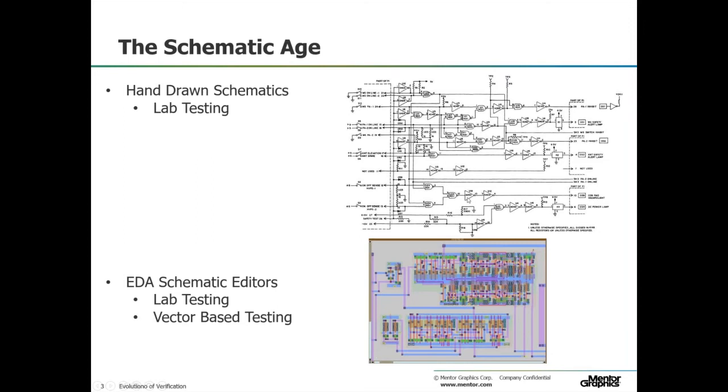Even after we got some discrete silicon transistors, we were still designing by hand, and most verification was done in the lab. Somewhere in the 80s is when the EDA industry took off, and we started to do those schematics and transistor diagrams on a computer, but for the most part, at first, it was still basically lab testing.